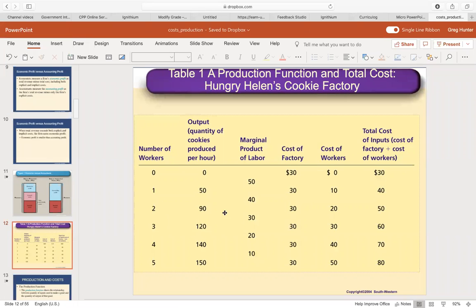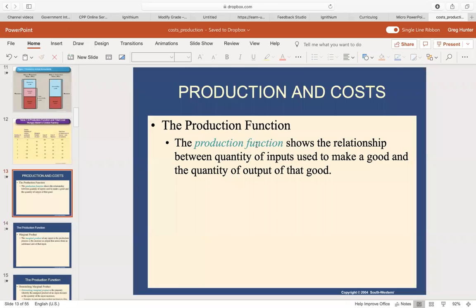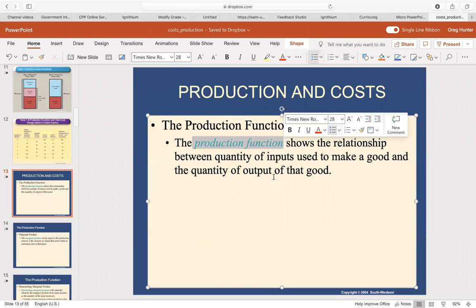So this table, the main reason we're looking at this table is because we want to know that the costs are being driven by increased production. Because ultimately, we could graph this relationship between workers and output, so between inputs and outputs, and create what we call a production function.